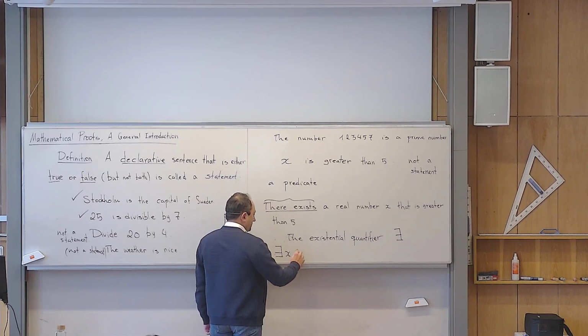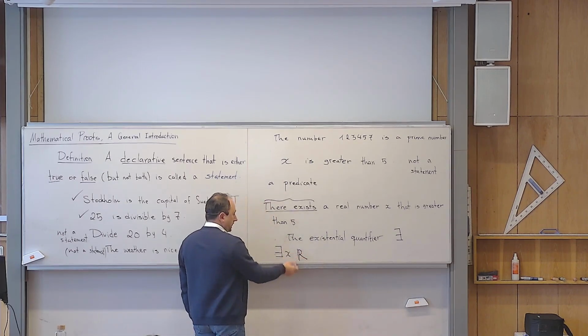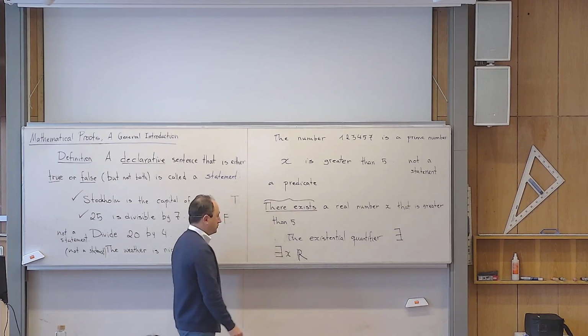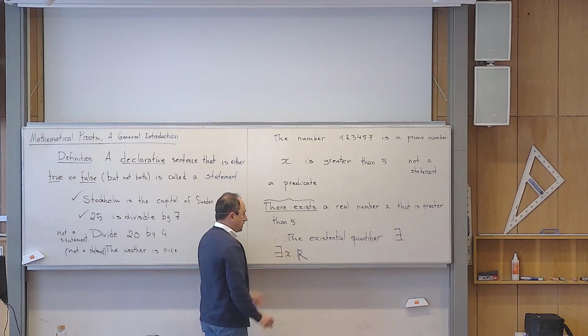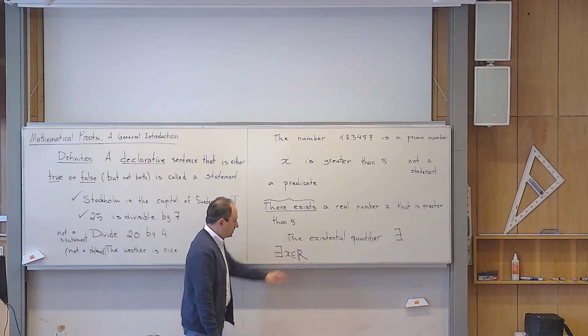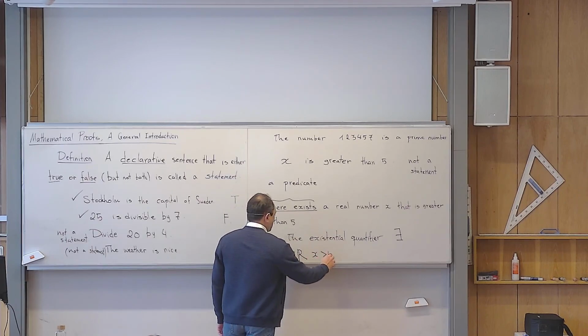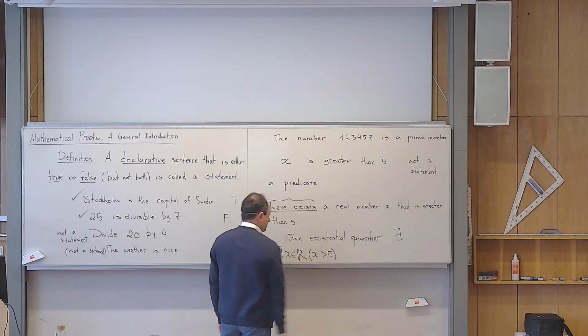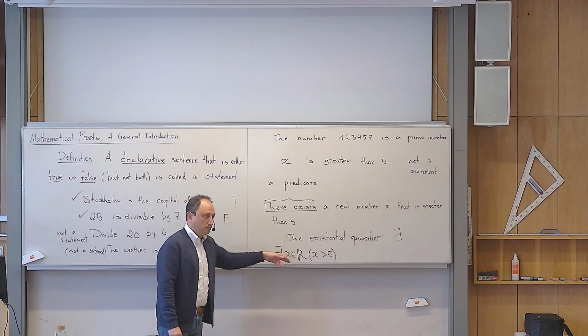The set of real numbers in mathematics is denoted by this symbol, R for real, with an extra line around it. And if I want to say that x is a real number, we write this symbol. So I read it as: there exists x in the real numbers such that x is greater than 5. That is the way I write this English sentence in mathematical symbols.